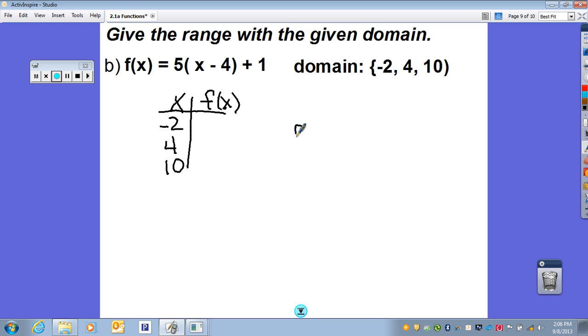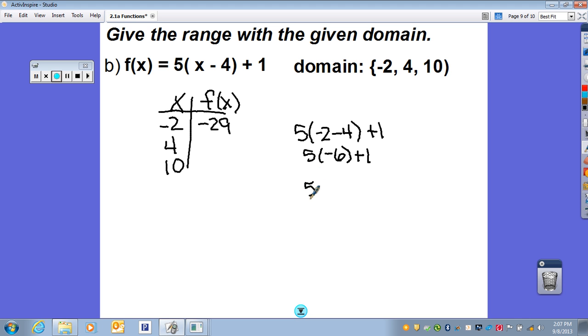So we're going to take our function and we're going to substitute the negative 2 for the x and subtract 4. When we take negative 2 minus 4, that gives me negative 6. And when I multiply that by 5, I get negative 30. And negative 30 plus 1 is negative 29.